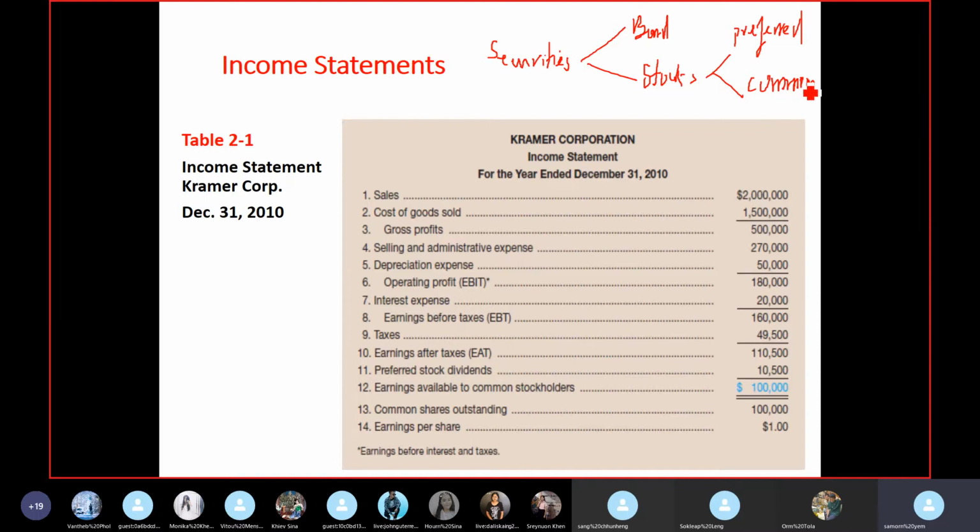Everybody should take note that common stock is very popular. If a company needs money or funds to enlarge its business, normally it issues common stock to sell in the market to collect funds or capital. Preferred stock is very rare to issue.